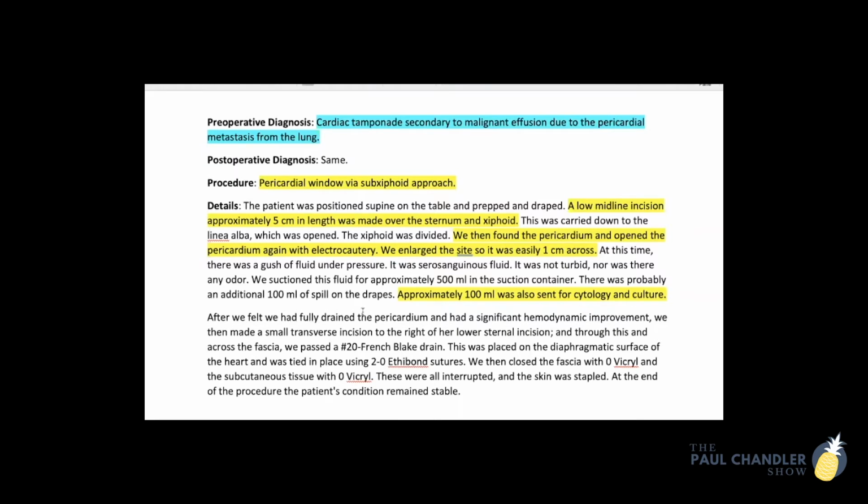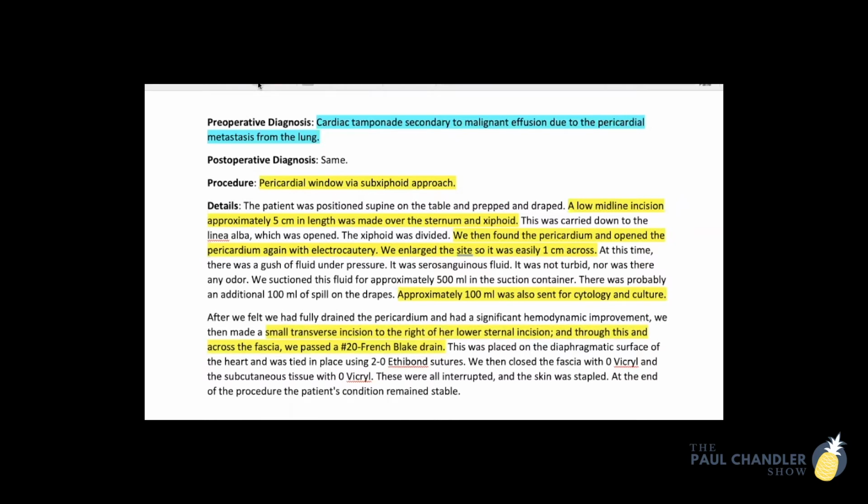That part is important. In this case, a tube is placed and actually left in the chest itself to allow the drainage to continue. So that could be important.